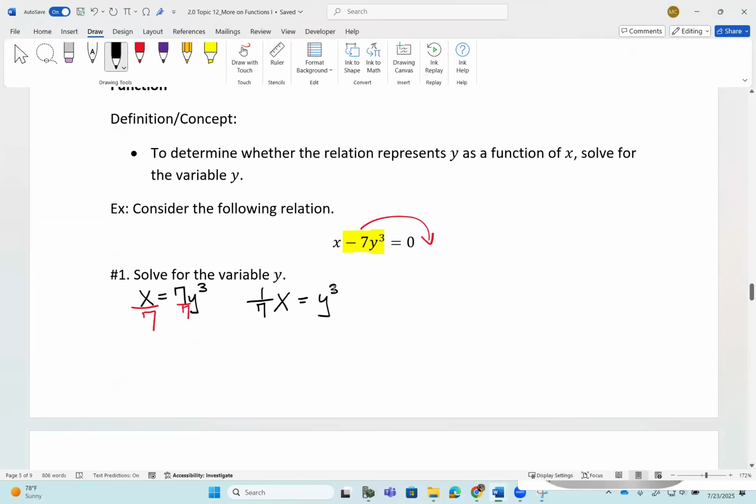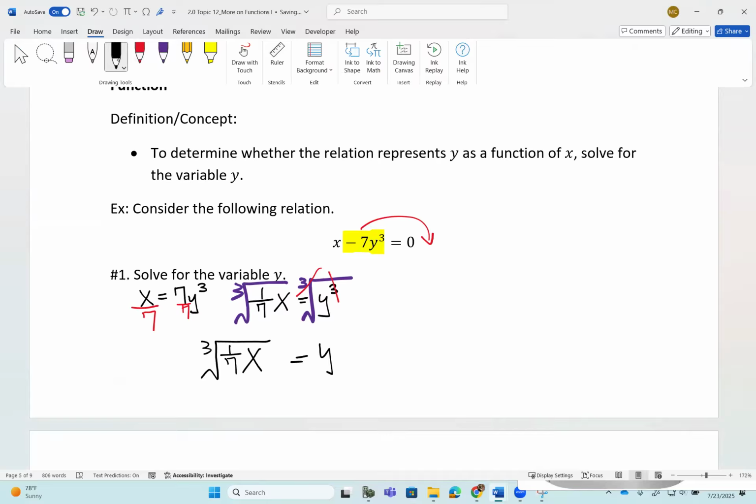So to get rid of this third power, what I can do is take a cube root on both sides, because cube and cube root cancels out. So my answer, y, is equal to cube root of 1/7x, right?